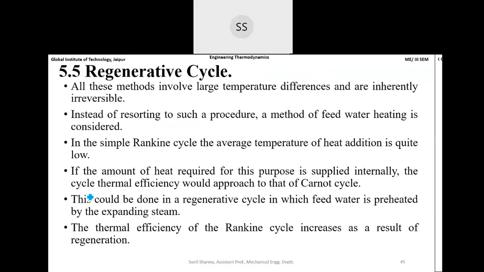So ये जो प्रोसेस है, पहली बात हमें ये करना है। दूसरी बात, हम यहाँ पर वाटर के टेम्परेचर को इंक्रीज करना चाह रहे हैं, ठीक है। तो रीजनरेटर में हम यही कर रहे हैं हम। तो रीजनरेटिव जो साइकिल है, इसमें हम यही मेथड को यूज करेंगे। So all these methods involve large temperature differences and are inherently irreversible. Instead of resorting to such a procedure, a method of feed water heating is considered.